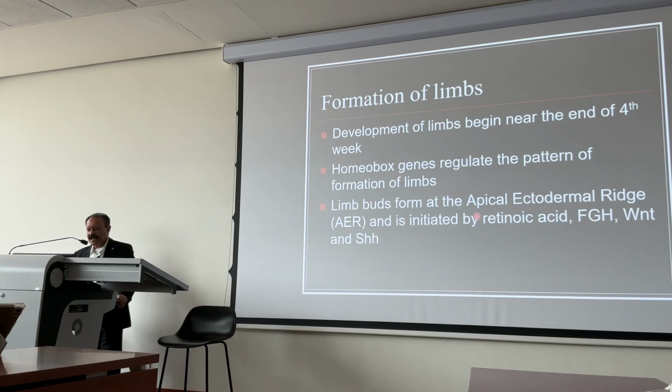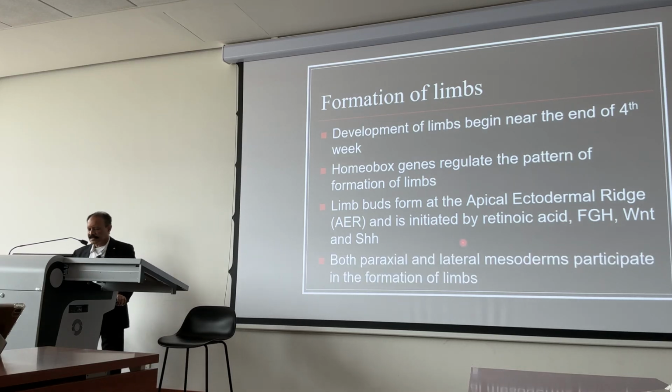These genes jump onto the apical ectodermal ridge to form the limb bud. The main initiating factor is the apical ectodermal ridge, which is the most important part, but it is initiated by retinoic acid, fibroblast growth factor, and WNT2 gene.